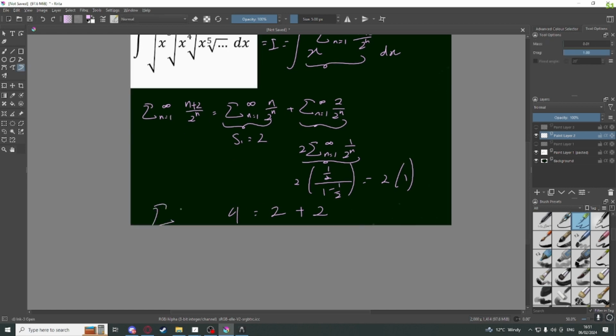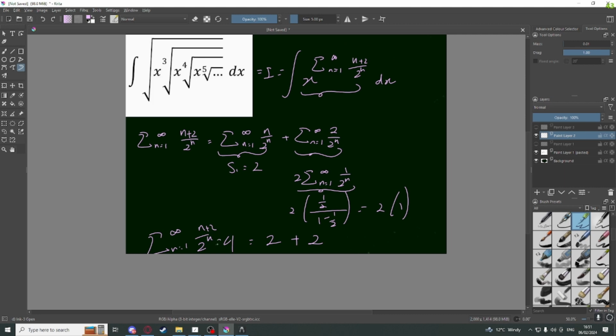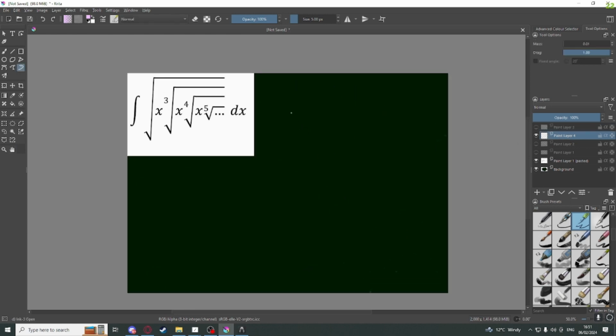So this is all of my infinite series, n plus 2 over 2 to the n. This is equal to 4. And so, again, another layer.